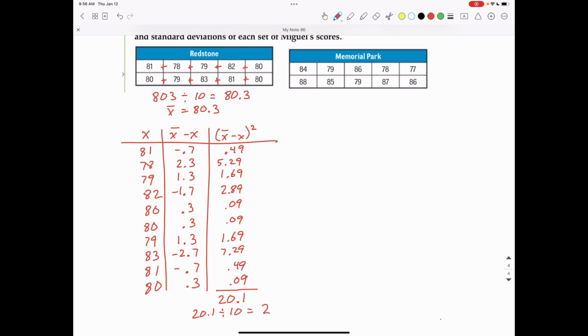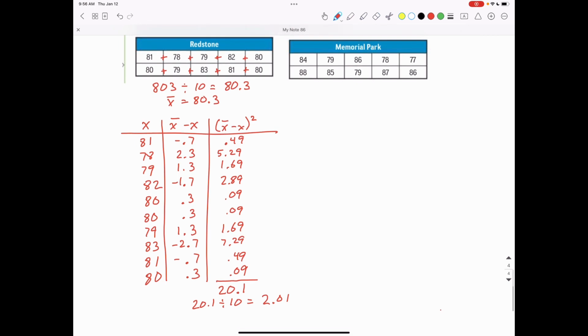That gives us 2.01. That's the variance, but we're interested in finding the standard deviation. So now we're going to take the square root of 2.01. That gives us the standard deviation, and that equals about 1.42. So that is the standard deviation of his scores at Redstone.